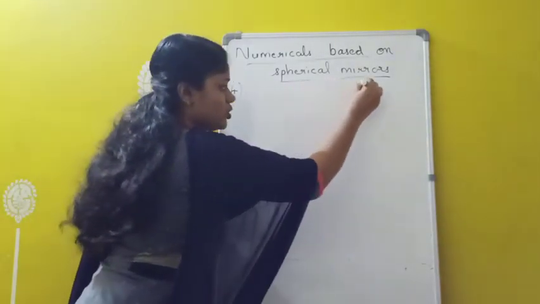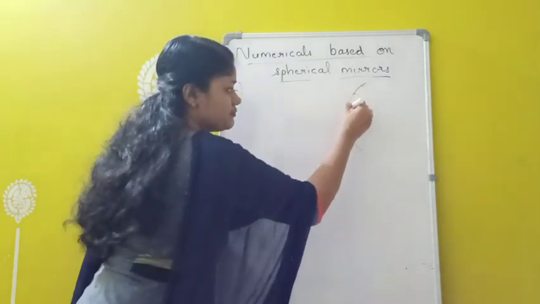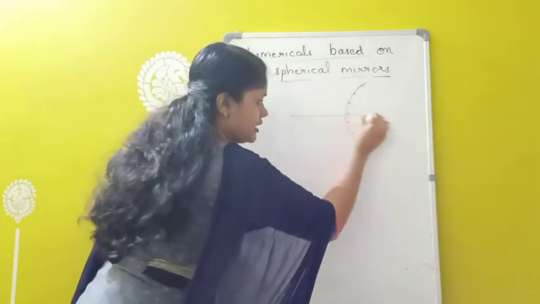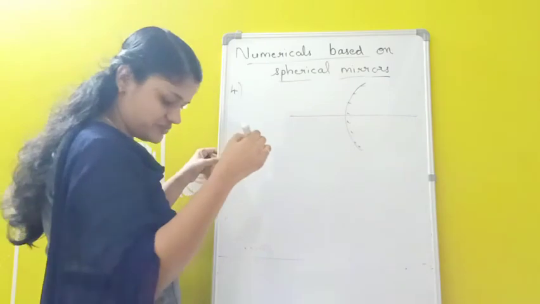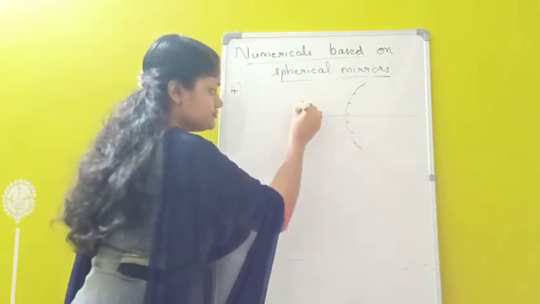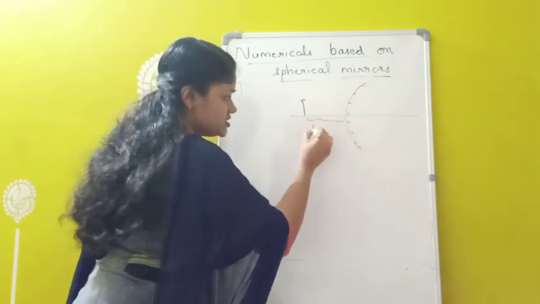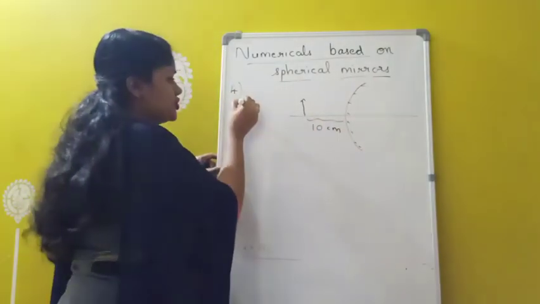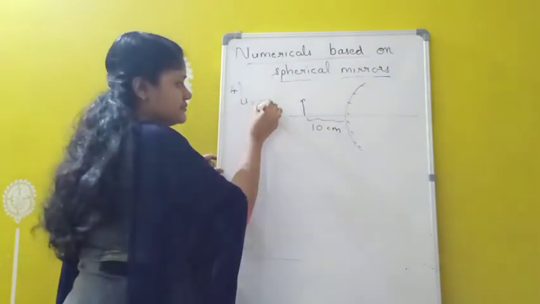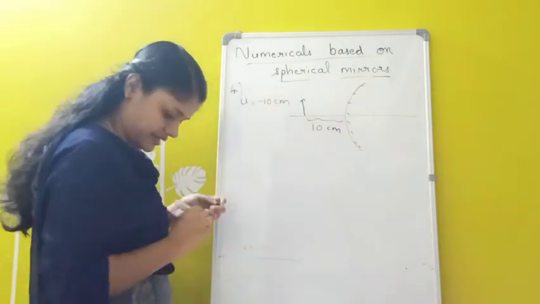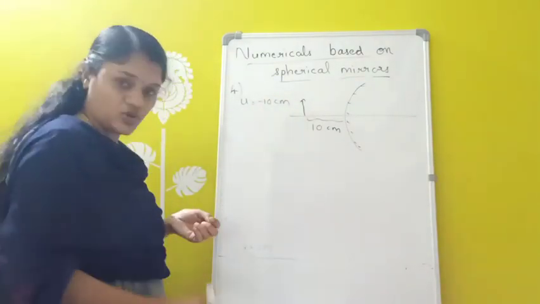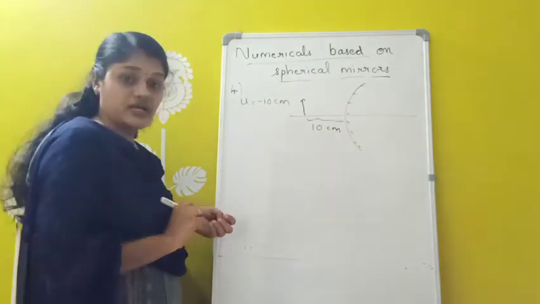So here we are taking a convex mirror. This is the object, placed at a distance of 10 centimeter. So u is taken as minus 10, because u is always minus. Minus 10 centimeter from a convex mirror, and a focal length 15 centimeters.